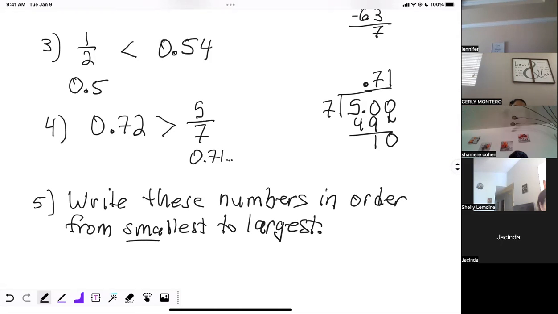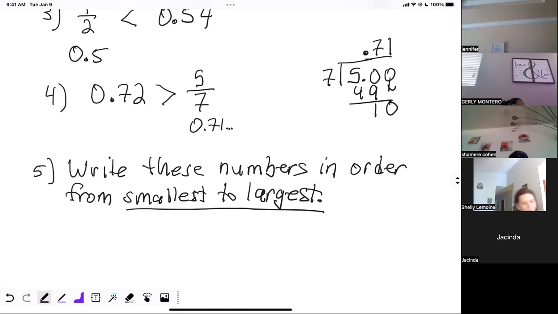The one thing I caution about this is to watch the words in your problems, because it can say largest to smallest. So just watch what they're asking you to do. I'm saying let's do smallest to largest, but they could go backwards. So make sure you really read what they're telling you to do.